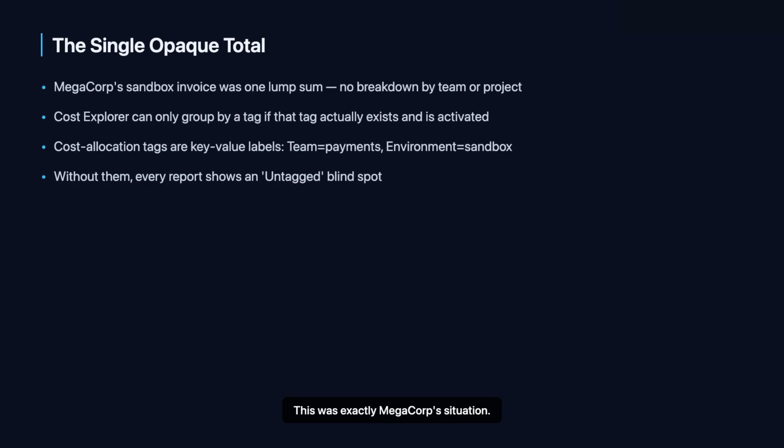This was exactly MegaCorp's situation. The sandbox invoice came in as one giant lump sum, with no breakdown by team or project. And Cost Explorer can only group costs by a tag if that tag actually exists and has been activated. Cost allocation tags are just key value labels you attach to resources, like team equals payments or environment equals sandbox.